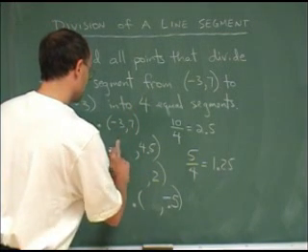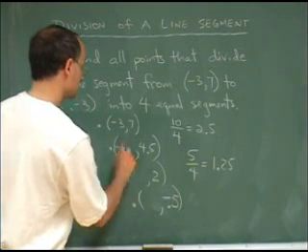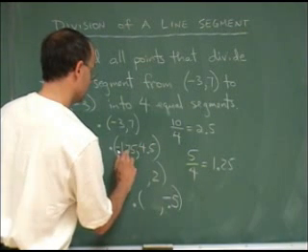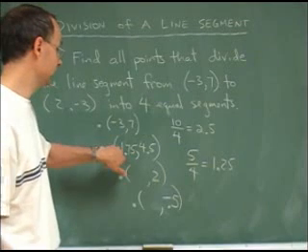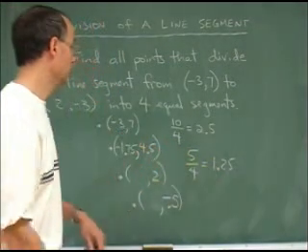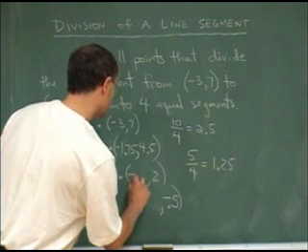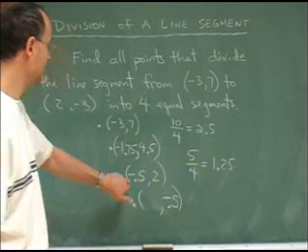So I'm going to go negative 3 plus 1.25. Let's give myself a bit more room here. That's going to be negative 1.75. And then we're going to take negative 1.75 and add 1.25 to that. So we're at negative 0.5. And then we're going to add 1.25 to this guy.